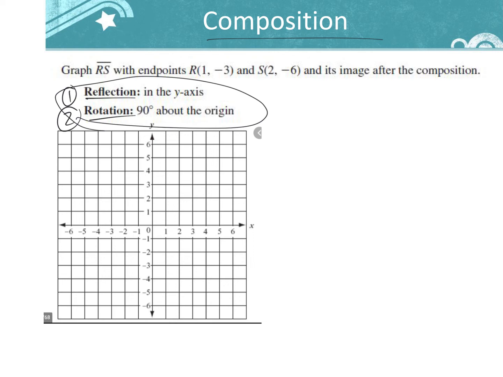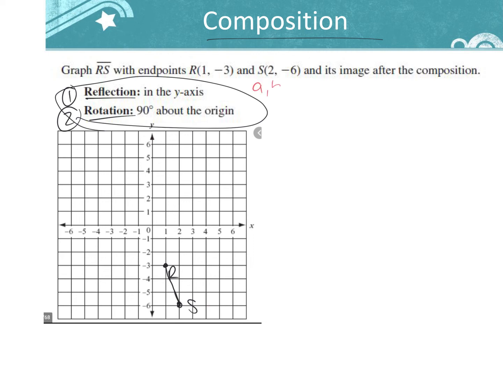So, take your points, 1, -3. That's going to be my R. My S is at 2, -6. RS. Okay, do you guys remember how to reflect something over the y-axis? Ronnie? You change the first to a negative.